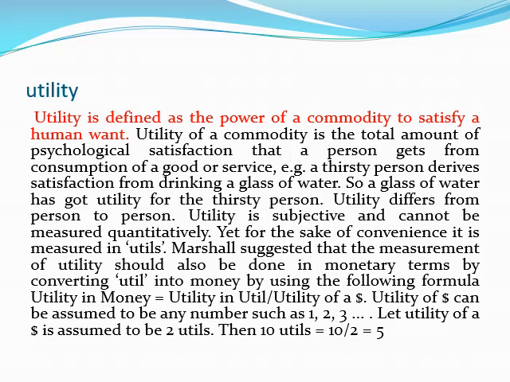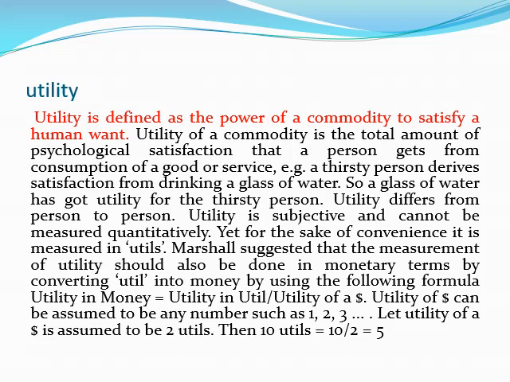Alfred Marshall suggested that the measurement of utility should also be done in monetary terms by converting utils into money, using the following formula: utility in money equals utility in utils over utility of a dollar.